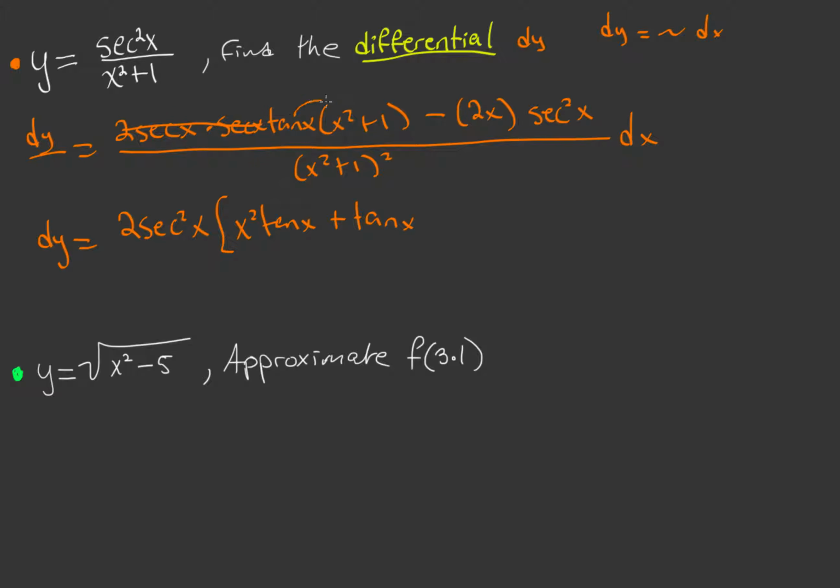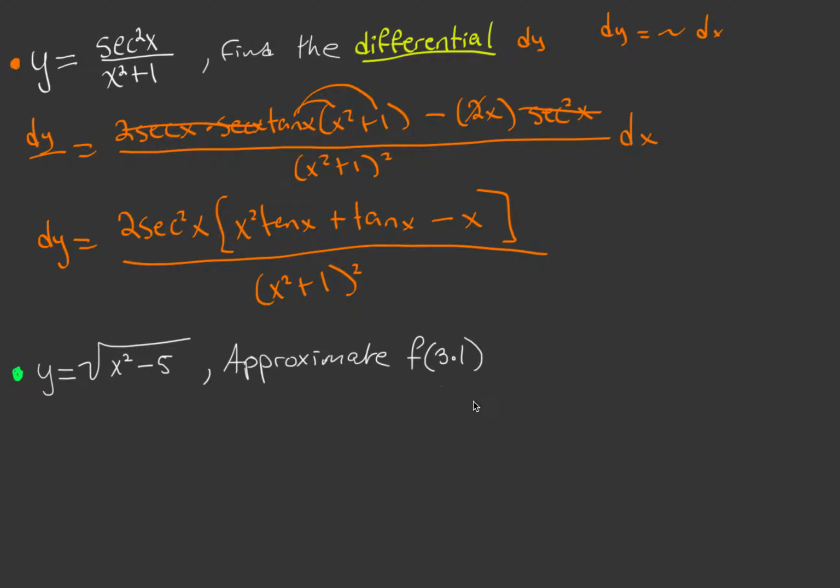So we have tangent x times x squared, tangent of x times 1, and then we pulled out this 2 and this secant squared. So all that's left here is a negative x. And that's all over x squared plus 1 squared. So that's the first part, which is how to find a differential.